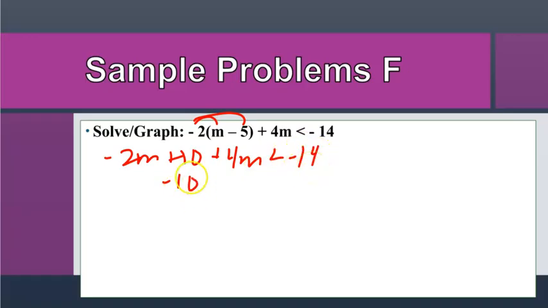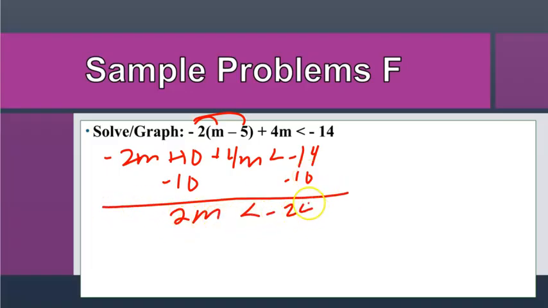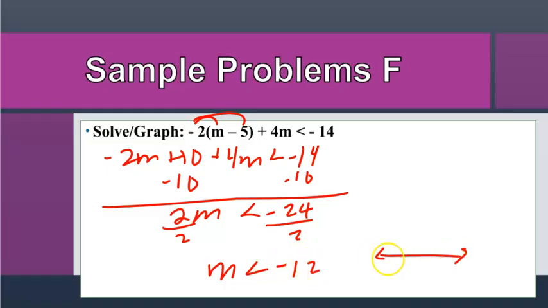Going to subtract 10 on both sides, and that gives us 2m is less than negative 24. Divide by 2, m is less than negative 12. And then on number line, we got negative 12 here. Open circle at negative 12, less than means going to the left. So that is our lesson on multi-step inequalities with grouping symbols.